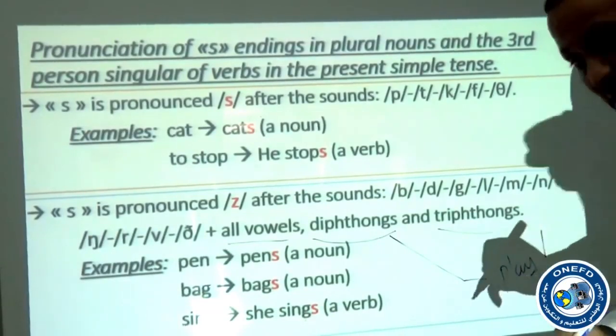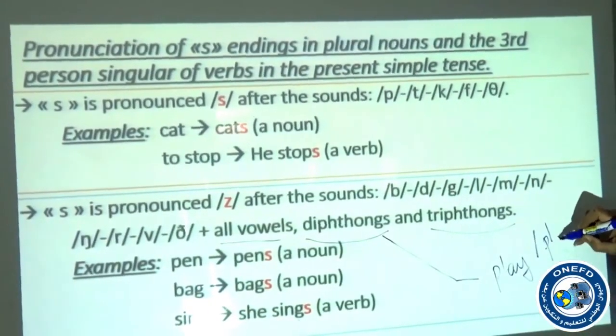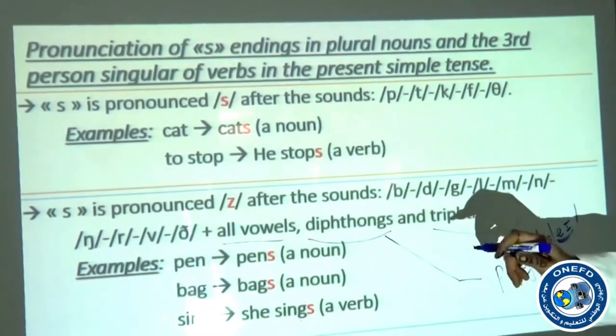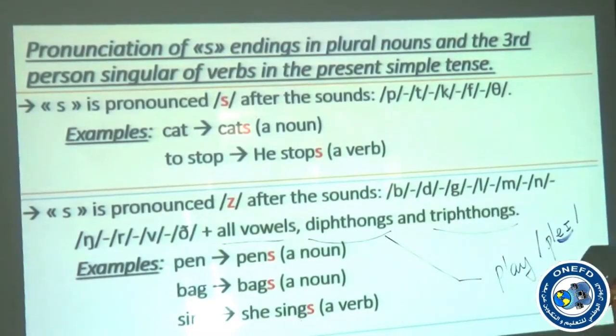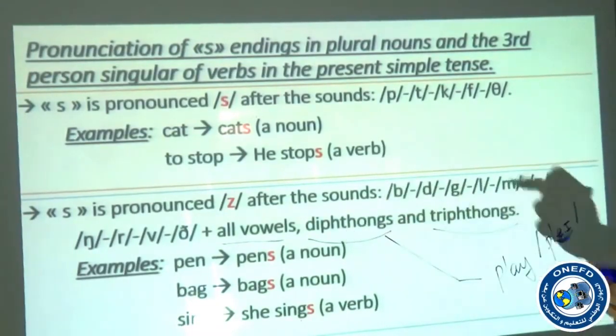When you see the phonetic transcription, this is A. If you remember, of course. So when we add S to a word which contains a diphthong, we pronounce it Z.